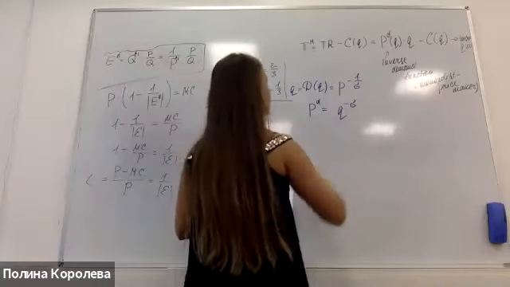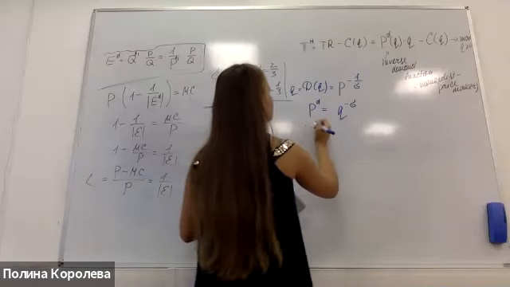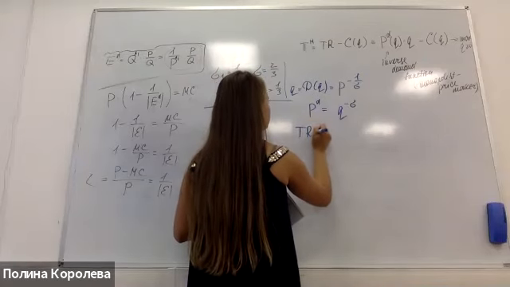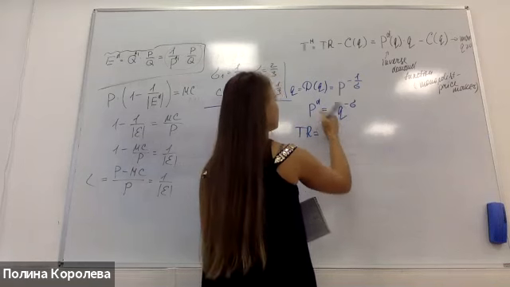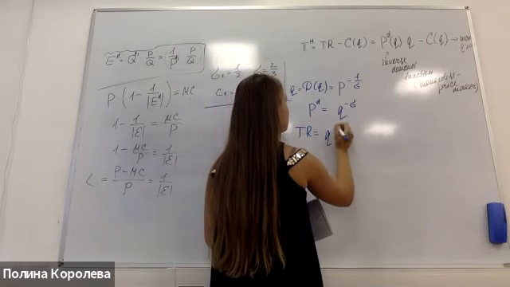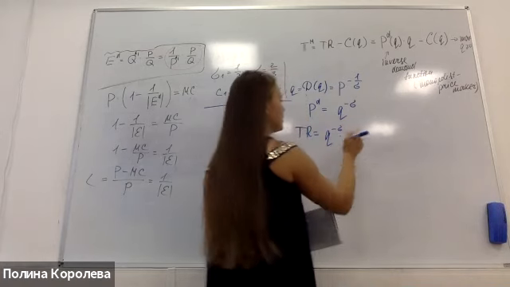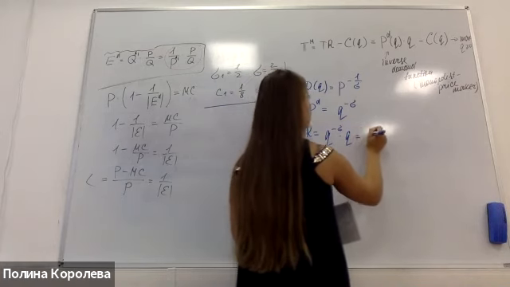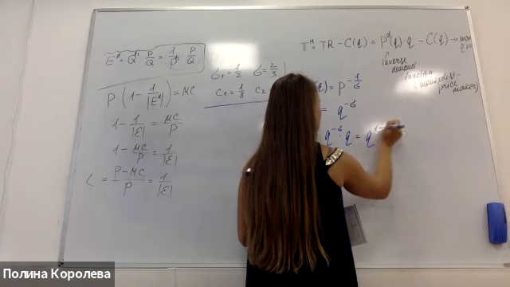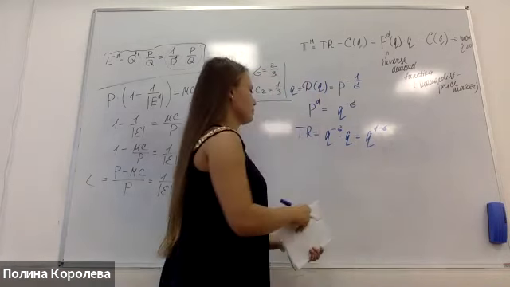Okay, let's continue. Total revenue is our inverse demand function, Q to the minus sigma, multiplied by quantity Q. It is Q to the 1 minus sigma.